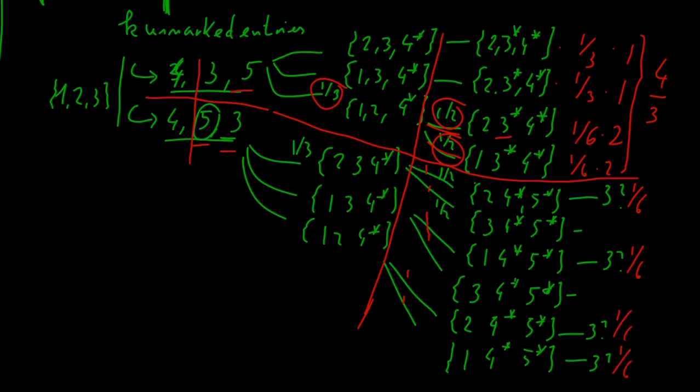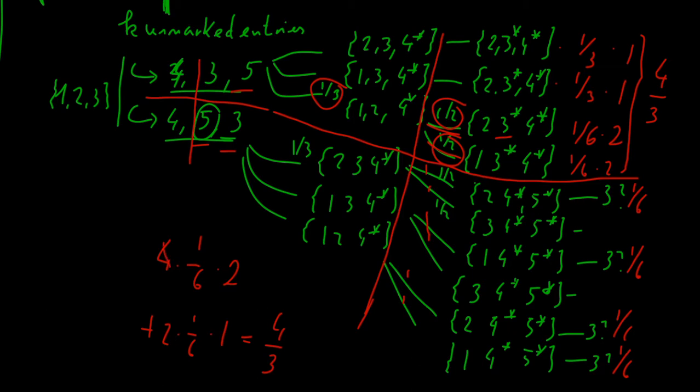So in this case, I will have 4 times 1 over 6 times 2 cost plus 2 times 1 over 6 times 1 cost. If you just compute this, this is 4 over 3, right?